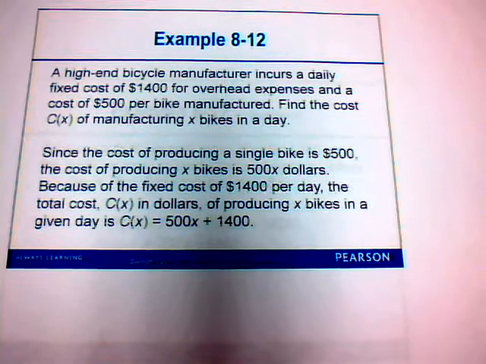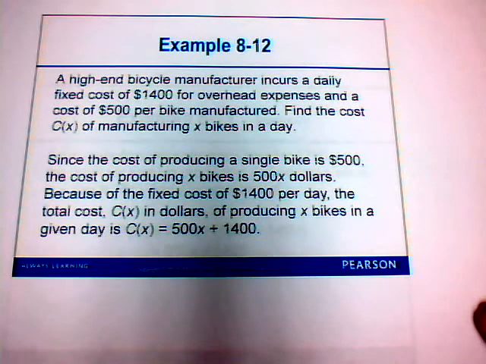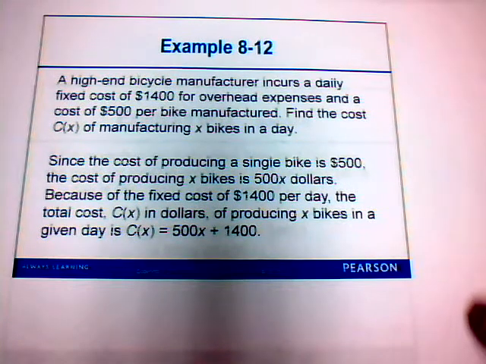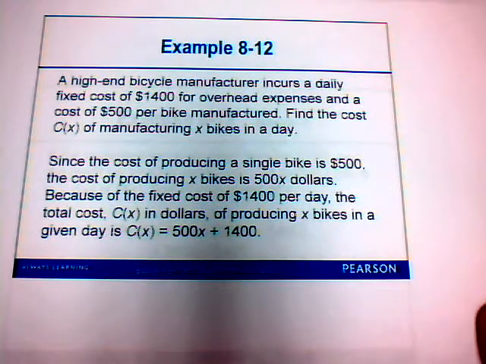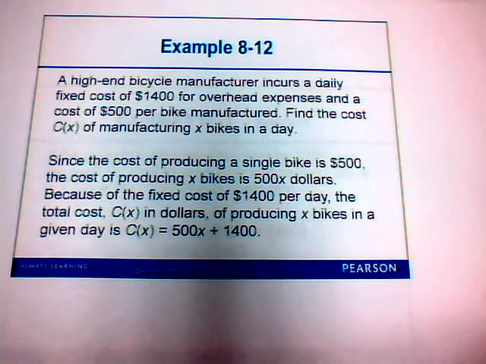Alright, in this example, we have a high-end bicycle manufacturer incurring a daily fixed cost of $1,400 for overhead expenses and a cost of $500 per bike manufactured. Find the cost, which will be C of X, of manufacturing X bikes in a day. The cost of producing a single bike is $500.